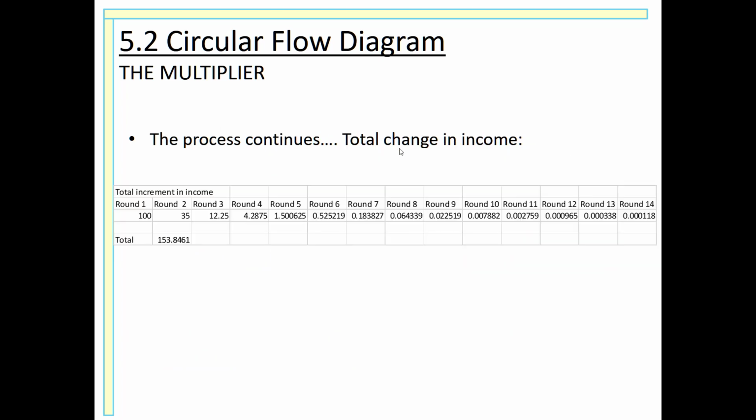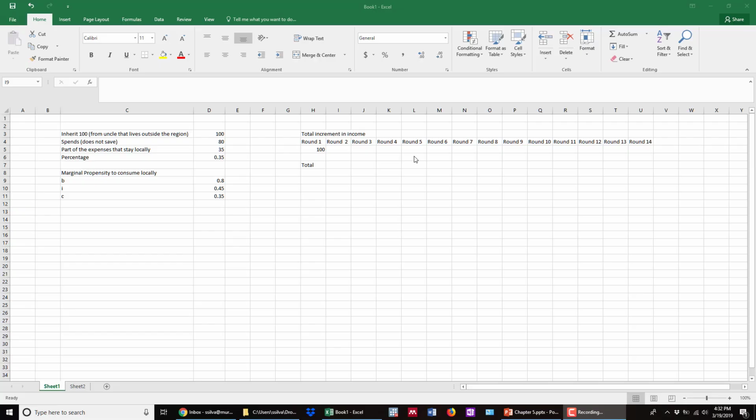The process continues. Okay, let's go back to our spreadsheet. So here we are. In the first round, the income increased by $100 because you inherited the money from an outside or from a non-resident. In the second round, it increased by 35% of that, which is $35.